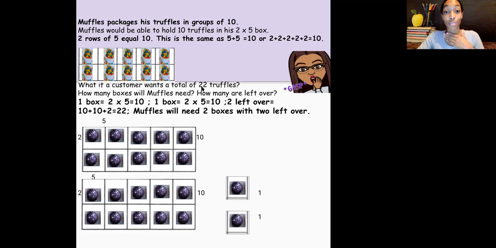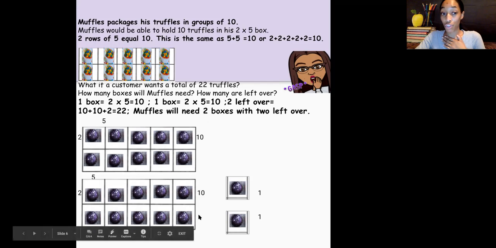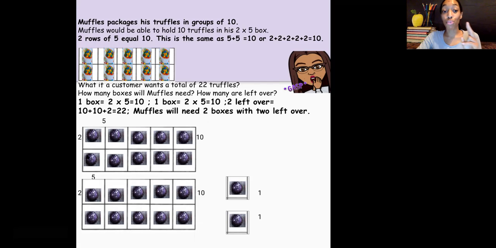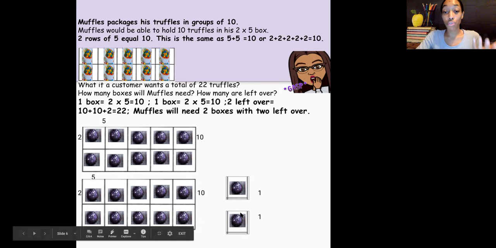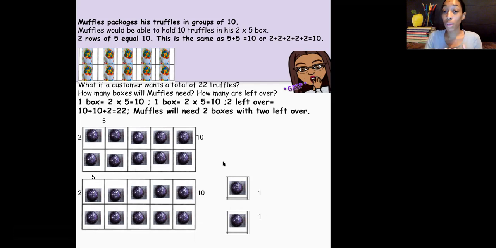I know there are 2 tens inside of 22. So I'm going to make 2 boxes, 2 by 5 boxes, that will give me 10 each. So now I have 2 groups of 10. That's only 20 so far. So the 2 ones will be those single truffles that Muffles will have left over after making this order of 22 truffles.